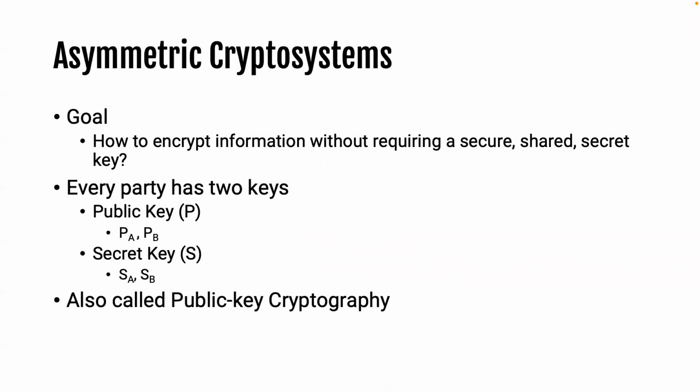Similar to symmetric cryptosystems, asymmetric cryptosystems also aim to encrypt information and to achieve security. But in addition, an asymmetric cryptosystem is able to encrypt information without requiring a shared key.